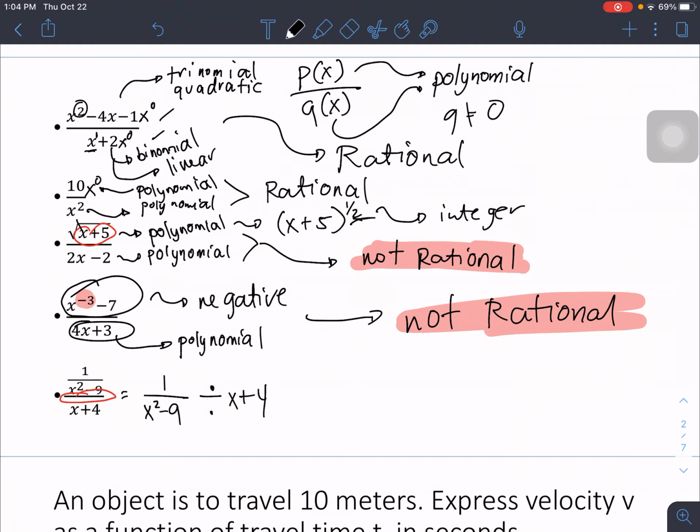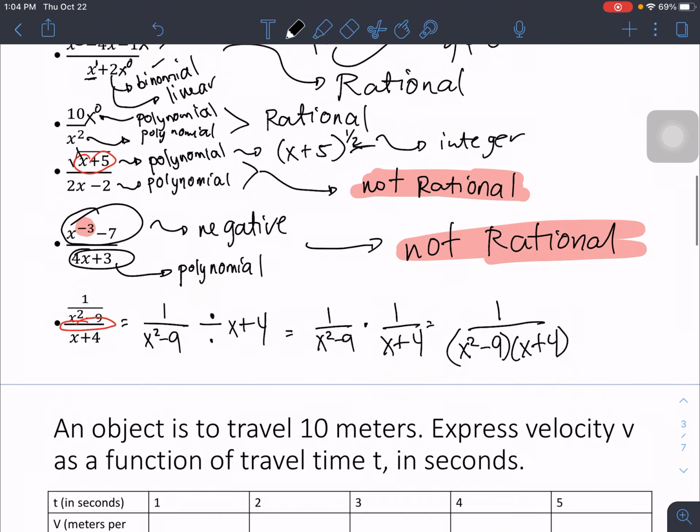So I would like to represent this one. So this will be 1 over x squared minus 9 multiplied by 1 over x plus 4. Now when we proceed to multiplication, this will be 1 over x squared minus 9 over x plus 4. Okay? So let's examine.